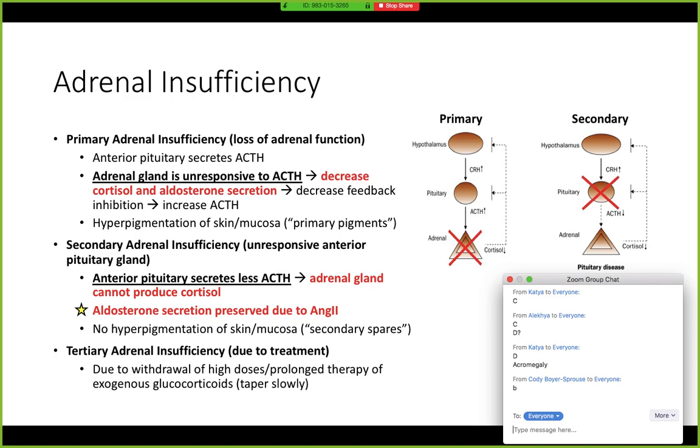And that's because you've been on the drug for so long and it's kind of suppressed the function. So it takes a while for the HPA axis to kind of wake up. So that's one of the reasons that you would taper slowly when taking a patient off of these drugs.